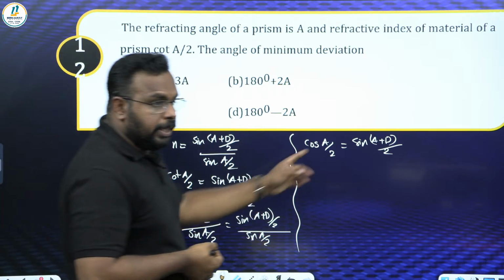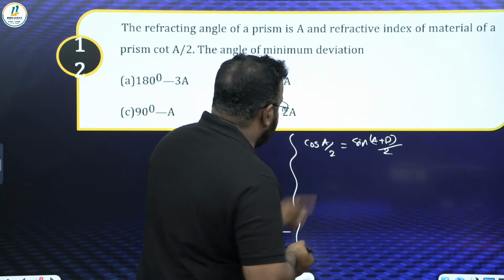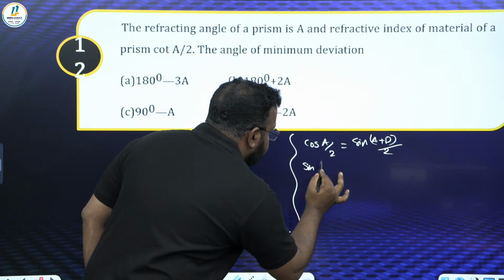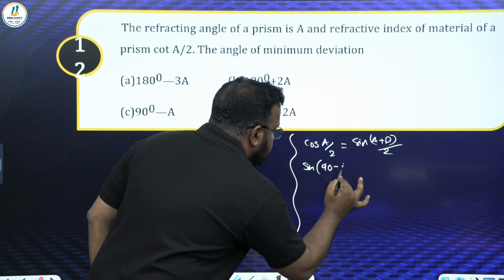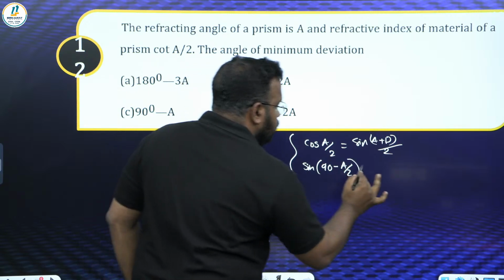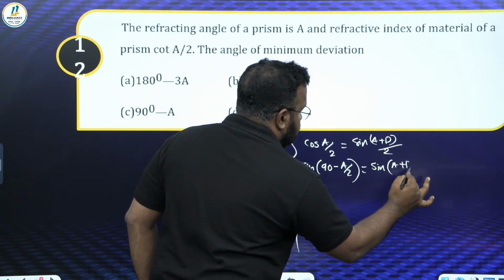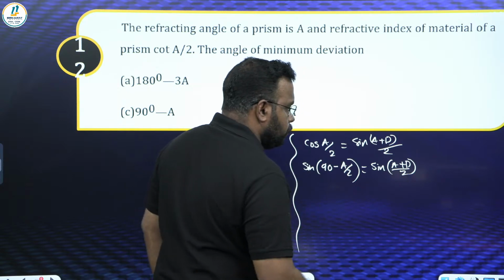Now we need to make it similar, so for that we can change cos. Cos theta is sin of 90 minus theta. So we get sin (90 minus A by 2) is equal to sin (A plus D) by 2.